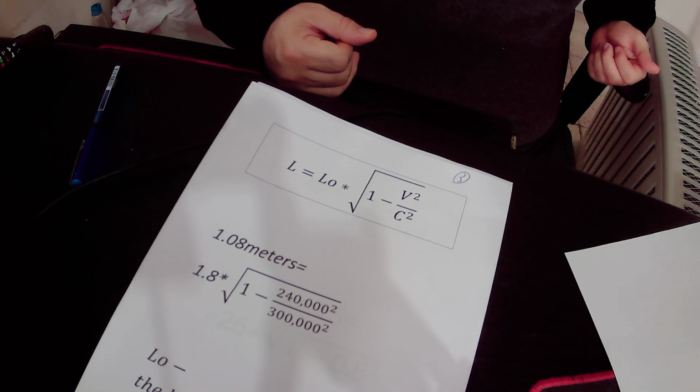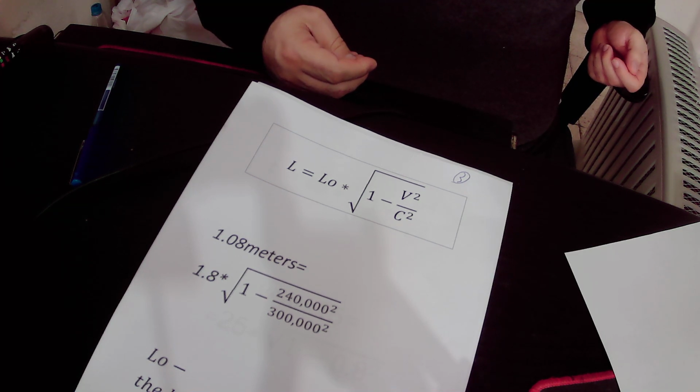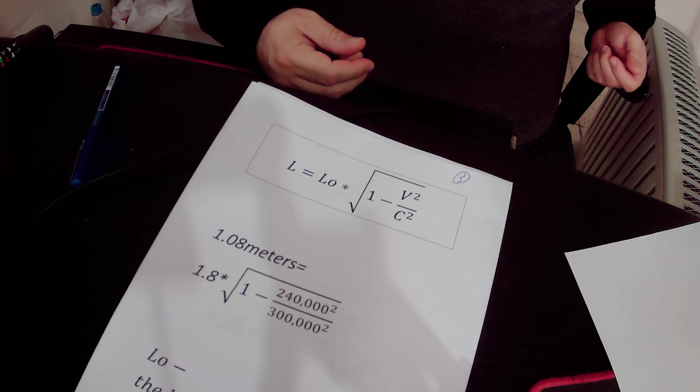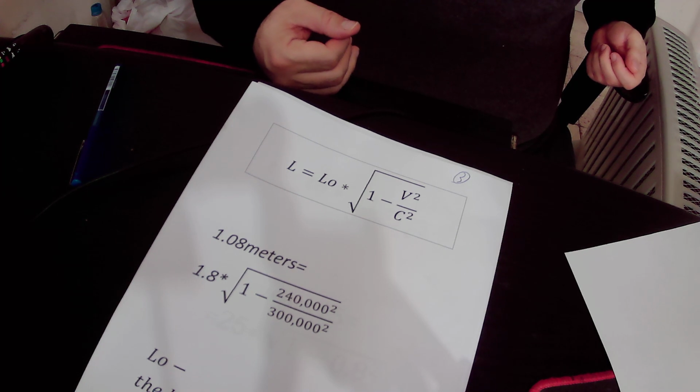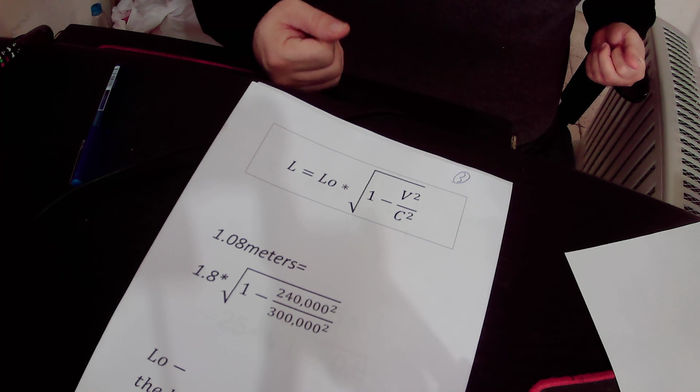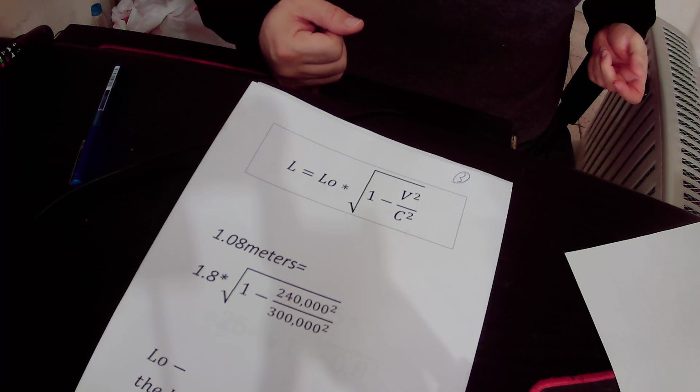But if the movement is not very fast, the change will be so small that we cannot measure it, so the spaceship must travel at very high speed, close to the speed of light, in order to measure a significant change in the height of the object or the twin brother.